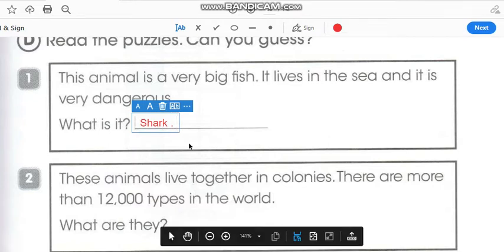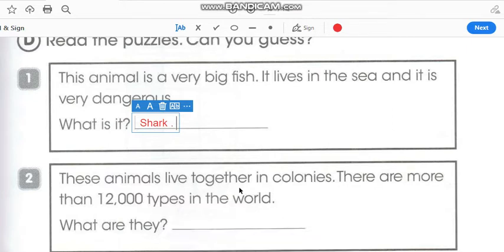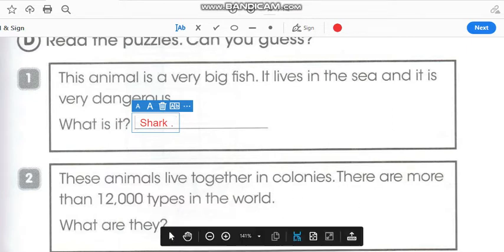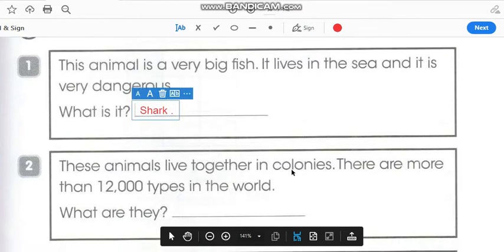Number 2: these animals live together in colonies. There are more than 12,000 types in the world. Which animals live in colonies? The colony is their settlement, the big house.